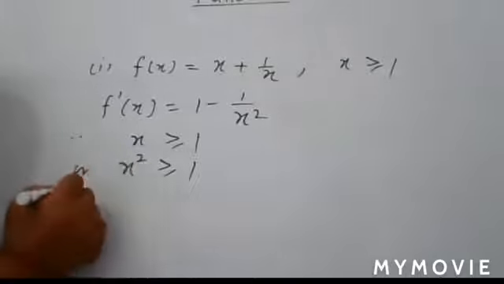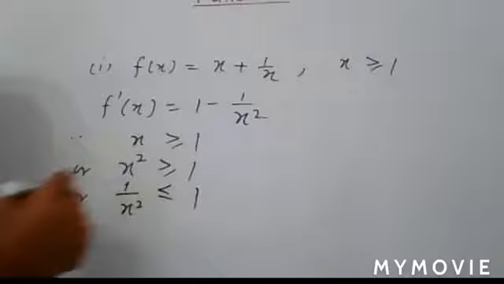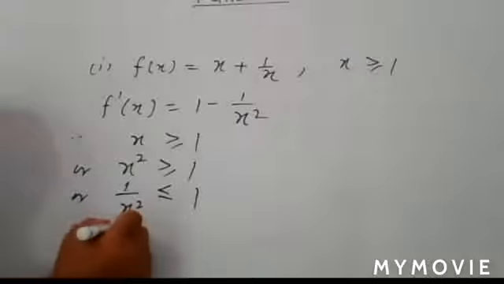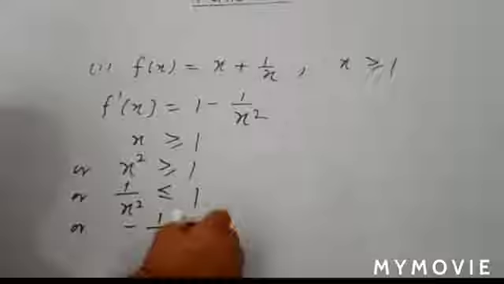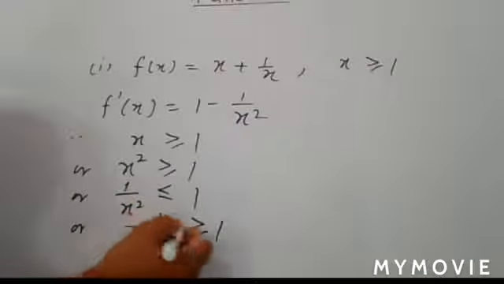So if x square is greater than or equal to 1, you can say 1 by x square is less than or equal to 1. Any number greater than 1, if you take its reciprocal, will be less than 1. Now what about its negative sign? So the inequality sign is changed.